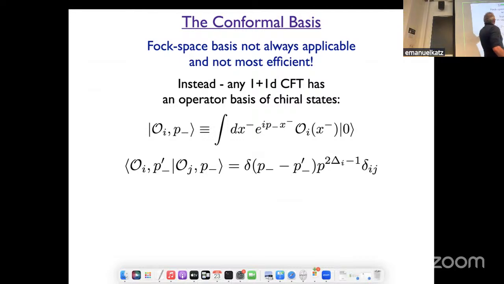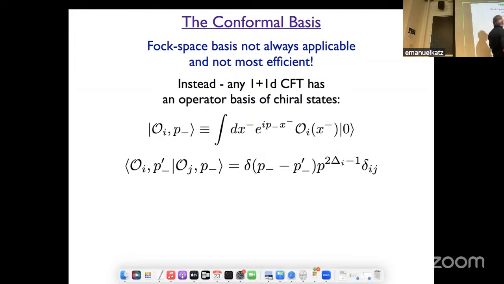So in any 1+1 dimensional CFT, there's a set of chiral operators. What are these? These are basically fermionic fields describing only the left movers, let's say, with derivatives of them in the case of the Ising model.